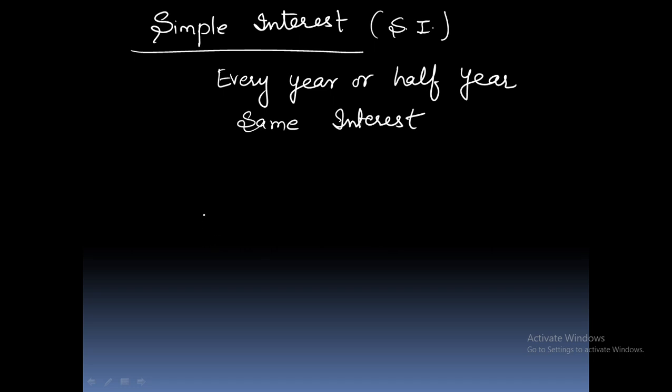We can say it again, repeat it. When we pay the interest to the lender regularly every year or half year on the same interest, we call it simple interest.